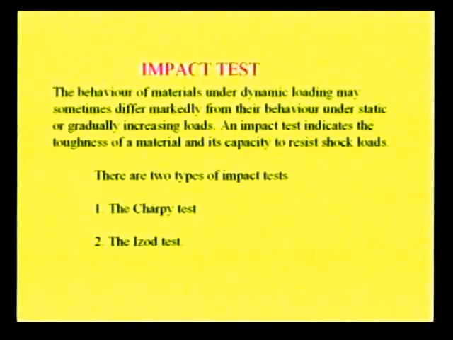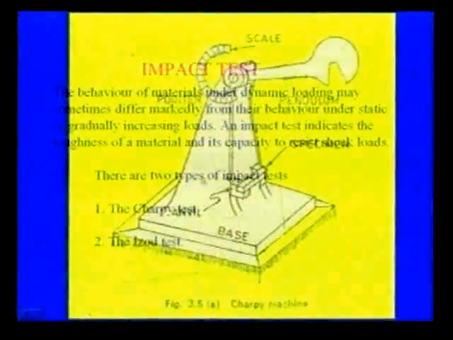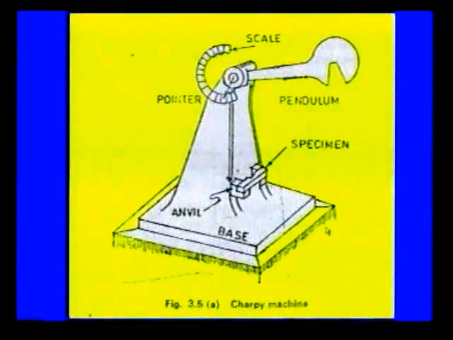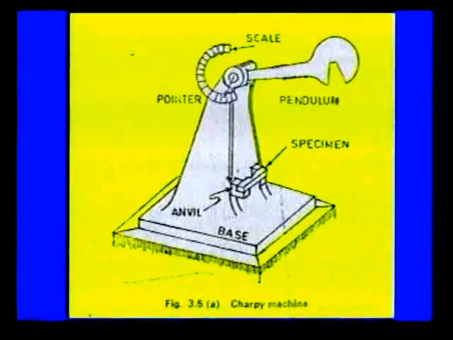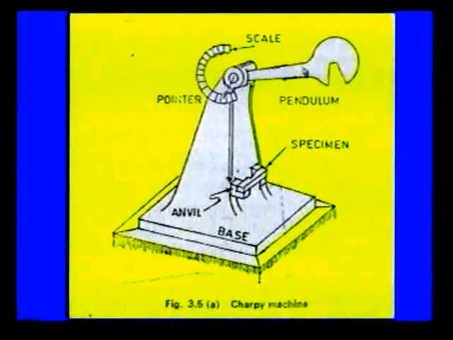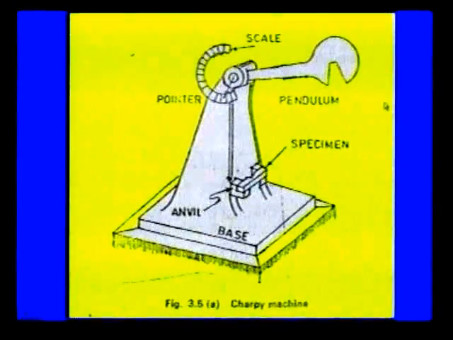There are two types of impact tests. The first one is the Charpy test and the second one is the Izod test. This is the experimental setup of the Charpy machine. This setup consists of an anvil, a metal body, the pendulum, the pointer and the scale. The scale represents the movement of the pendulum in this direction.